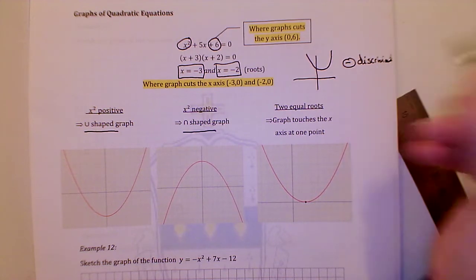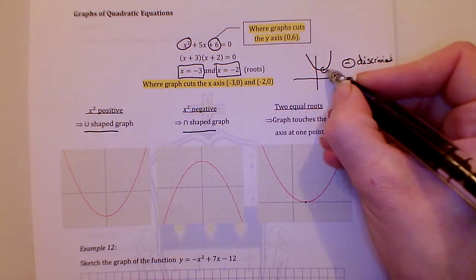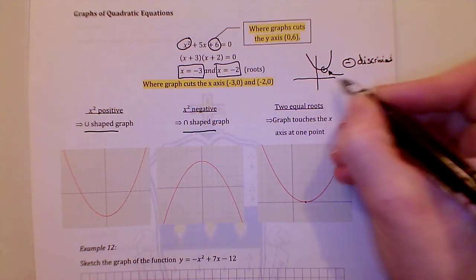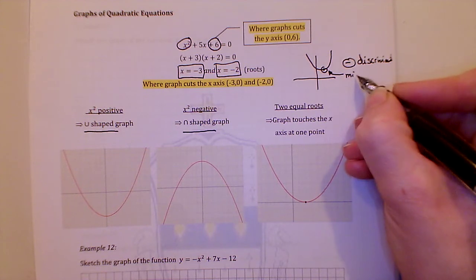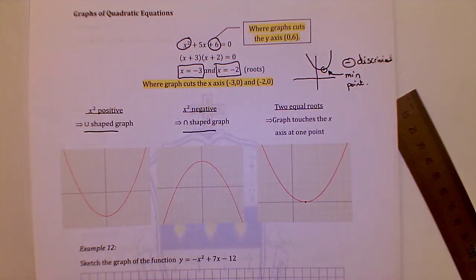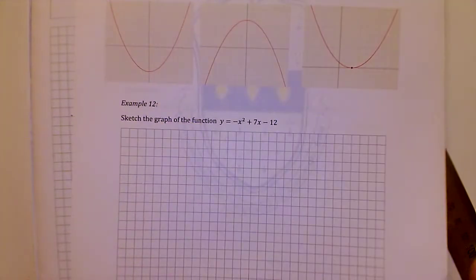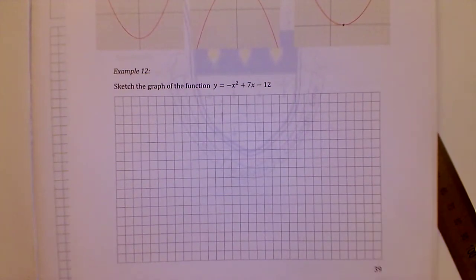And the reason we went through completing the square and finding the minimum point is because when we have a negative discriminant, we have no roots, but we can still sketch the graph by finding the minimum point. Okay, so with all that information, let's take a look at a graph of a quadratic equation like this.